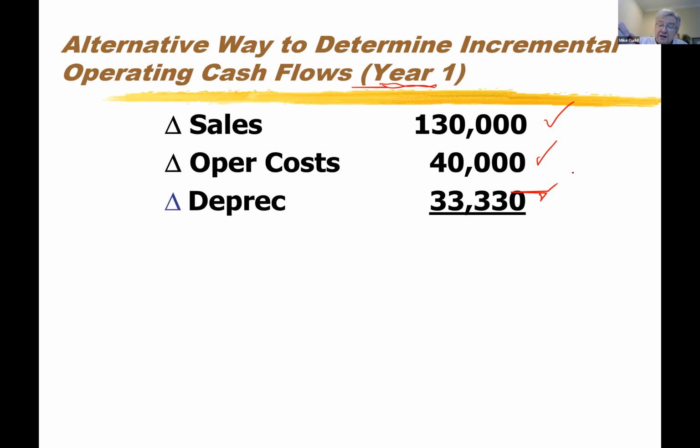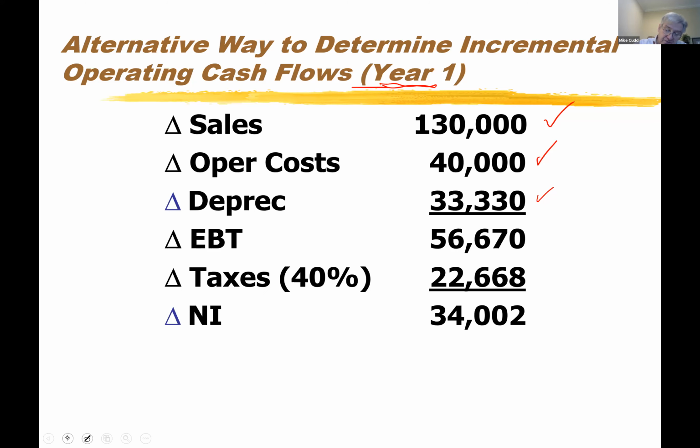Now, in an income statement, you deduct depreciation expense. So if we take the 130 minus 40 minus 33,330, we get taxable income of 56,670. In an income statement, the next thing we'd knock out are taxes at a 40% rate, and that gives us book profit. Net income is book profit.